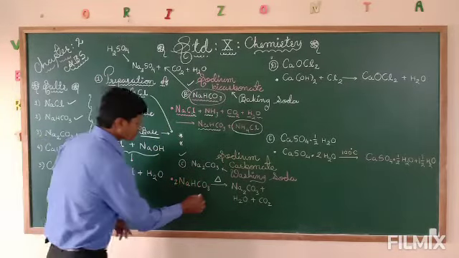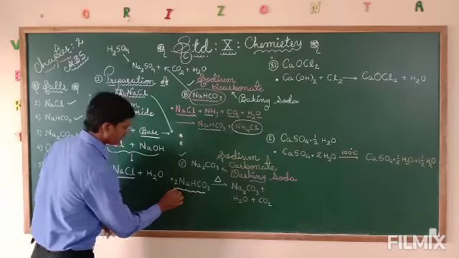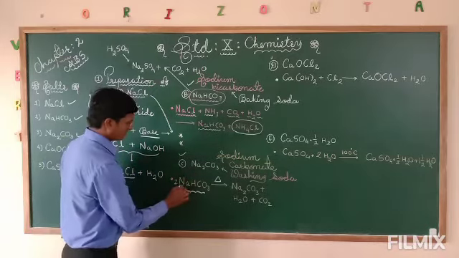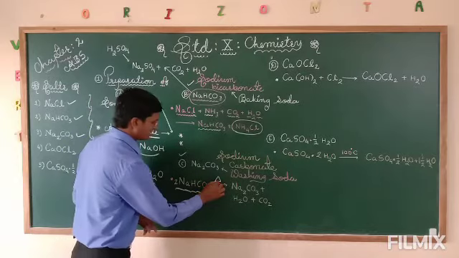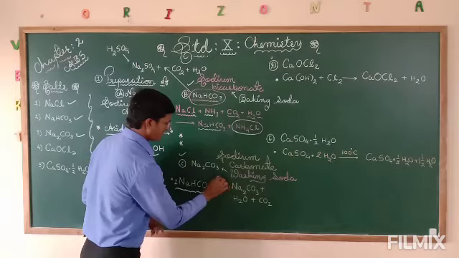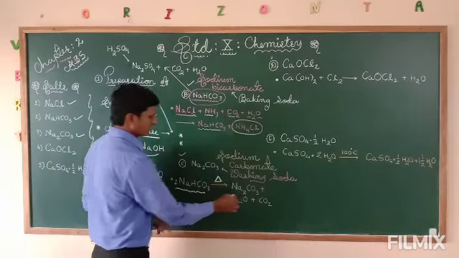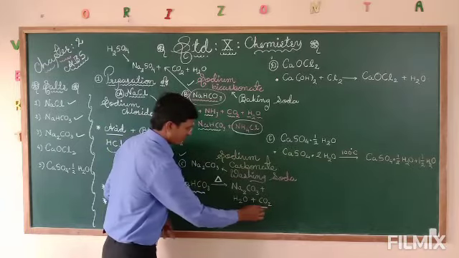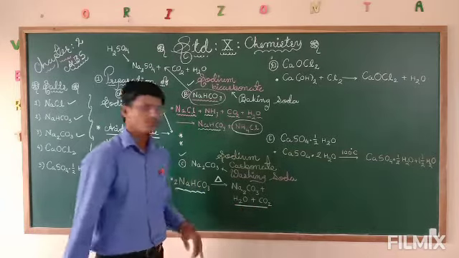Here we will come back to Na2CO3. Now how is it formed? When NaHCO3 is heated at a high temperature, it will give us Na2CO3, and as byproducts H2O plus CO2.